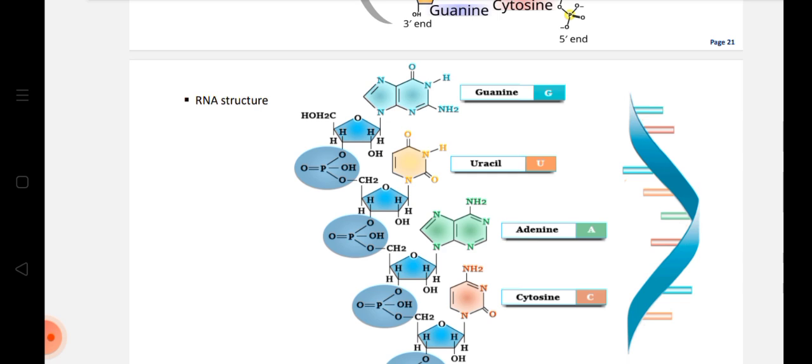So, walay thymine ang RNA, but naa siya'y uracil. And uracil will pair with adenine during transcription. The presence of ribose with an extra hydroxyl group makes RNA more reactive and less stable than DNA. This is ideal for short-term tasks like carrying genetic instructions, assembling proteins, and regulating gene expression.